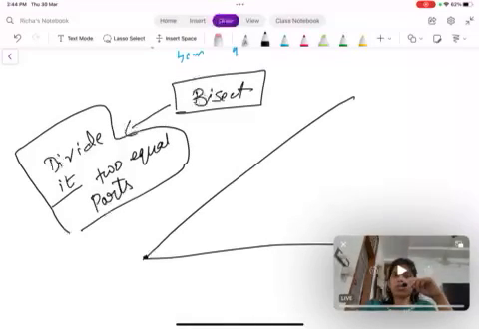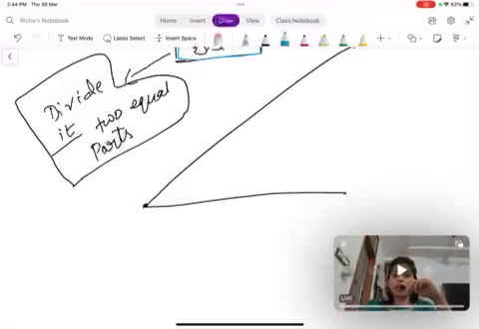So, what's the concept behind this bisection? How to divide it into two equal parts? We already know about congruent triangles.